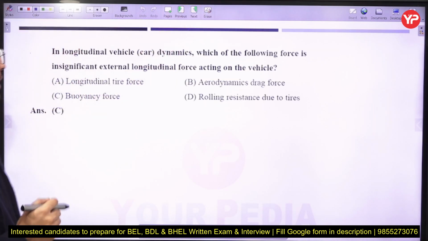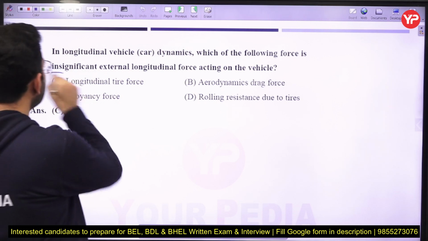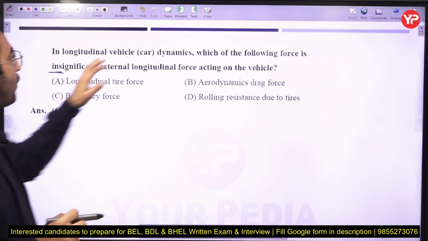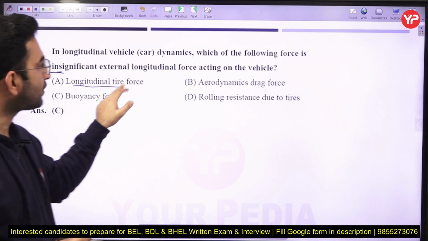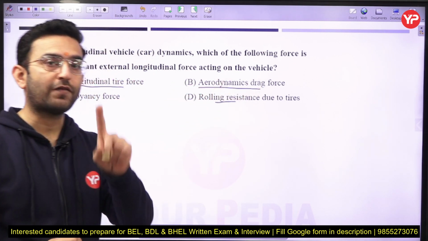In the longitudinal vehicle car dynamics, which of the following forces is an insignificant external longitudinal force acting on the vehicle? See, in the case of simple longitudinal vehicle car dynamics, longitudinal tire forces, aerodynamic drag forces, and rolling resistance are going to have very large values.